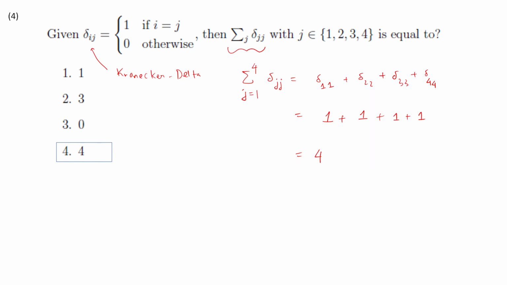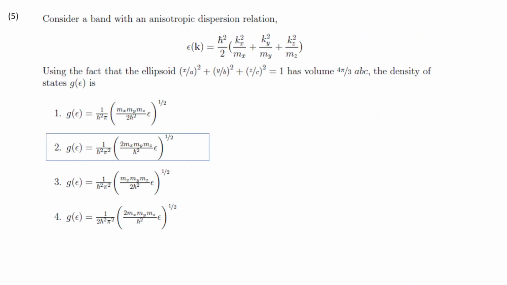So now let us go to the next question. Consider a band with anisotropic dispersion relation. Why anisotropic? Because in k space, with kx, ky and kz, for a given energy, imagine a surface of constant energy.